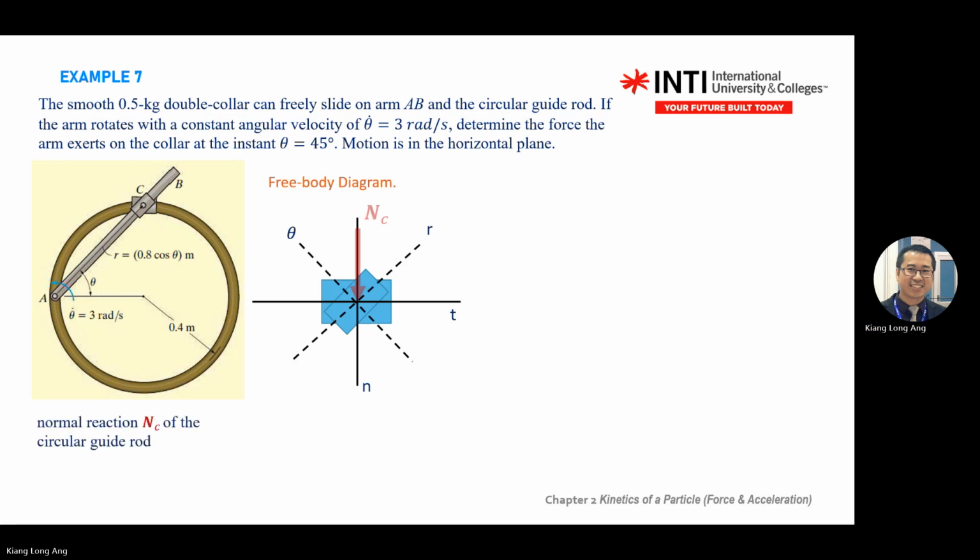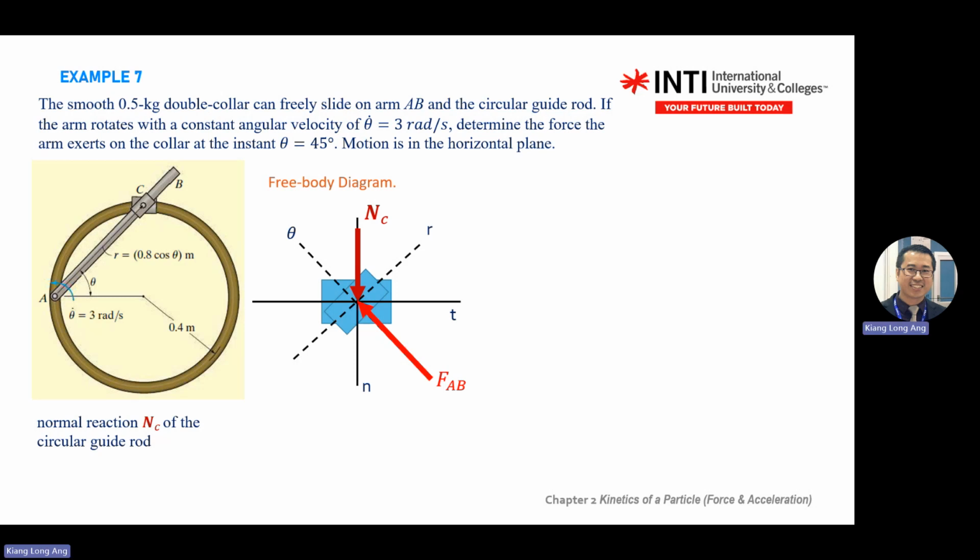Then you start with the normal contact force of the guide, which goes down in the tangent direction. Then there's a force pushing. There must be a force pushing this rod so that this one can rotate.